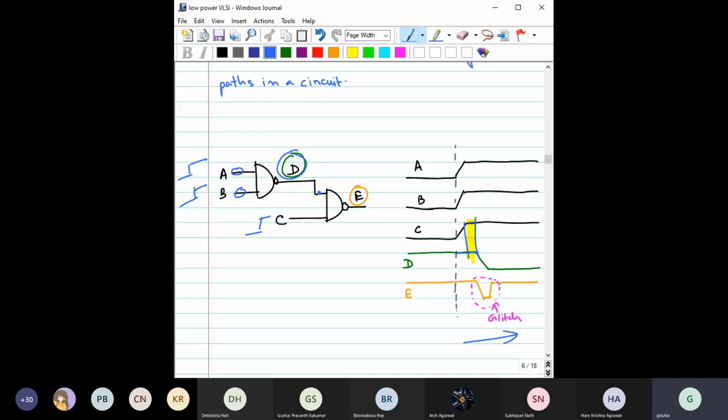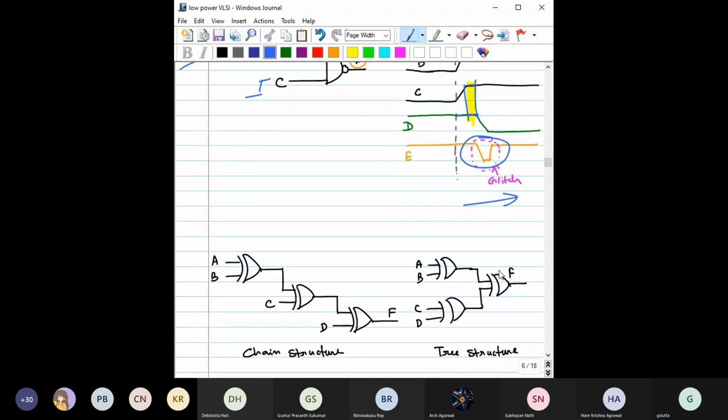This transition is an unwanted transition, and this unwanted transition is called a glitch. Whenever there is a switching, there will be some power dissipation, so you want the number of glitches to be as low as possible for your low power design.